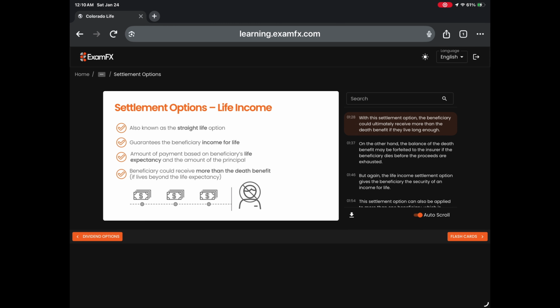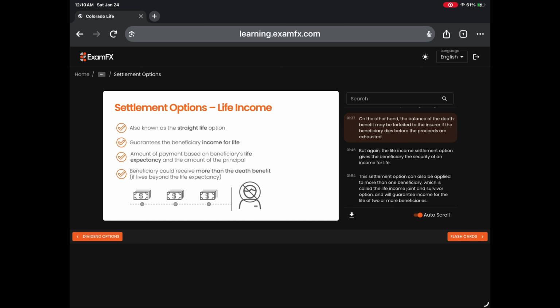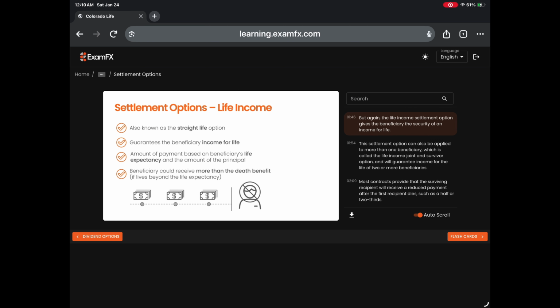With this settlement option, the beneficiary could ultimately receive more than the death benefit if they live long enough. On the other hand, the balance of the death benefit may be forfeited to the insurer if the beneficiary dies before the proceeds are exhausted. But again, the life income settlement option gives the beneficiary the security of an income for life.